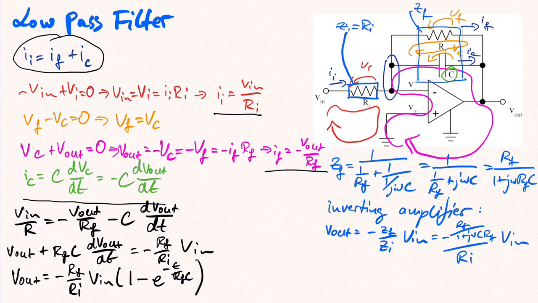So this gives us already the final expression for Vout. It's equal to minus Rf over Ri times 1 over 1 plus j omega Rf C times Vin. Again, we have seen that this circuit can be solved in the time domain and in the phasor domain.